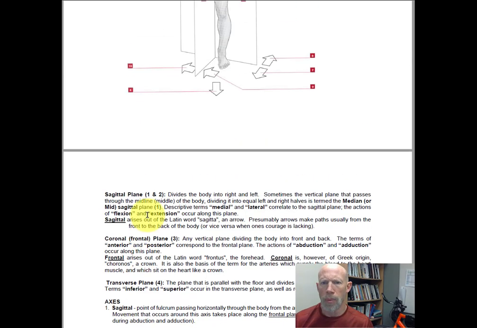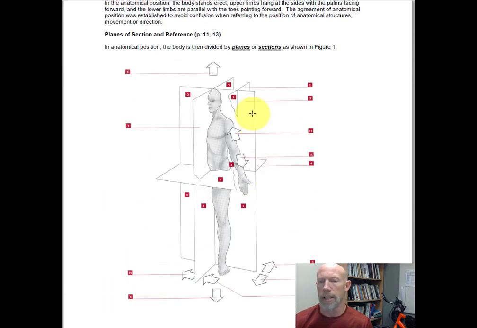One thing I should point out is that all of the terms of direction and all of these planes and axes, and all the description we have of the human body, always come back to the standard anatomical position, which is what this figure is in this diagram: arms by the sides, palms facing forward, feet roughly shoulder width apart, body erect, and so on.